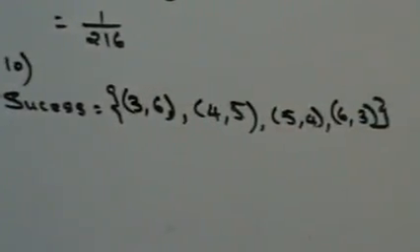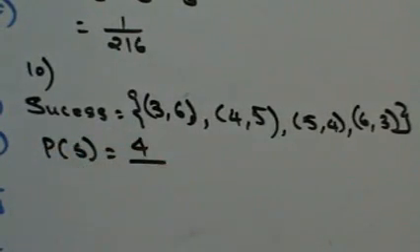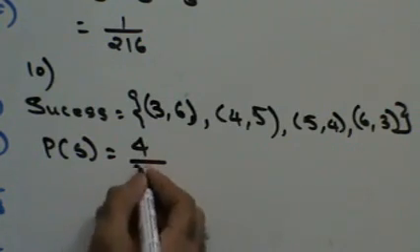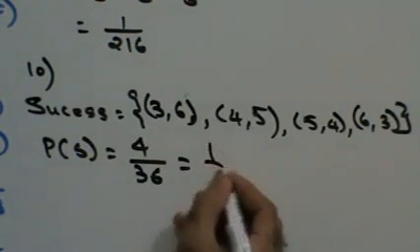These are the elements that would give me success. So the count of successes is 4. When 2 dice are thrown, the total number of outcomes is 36. So probability of success is going to be 1 by 9.